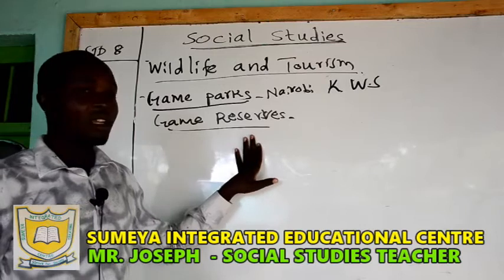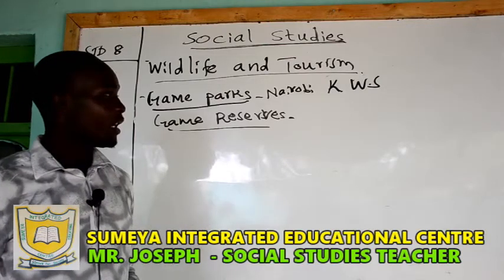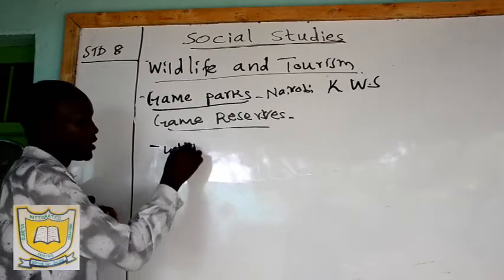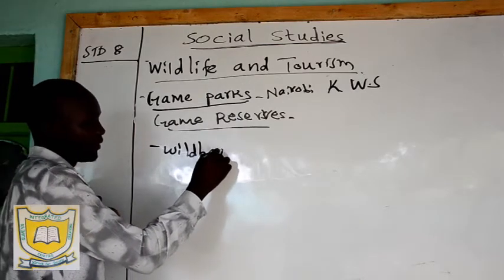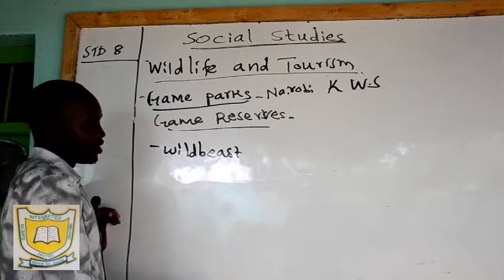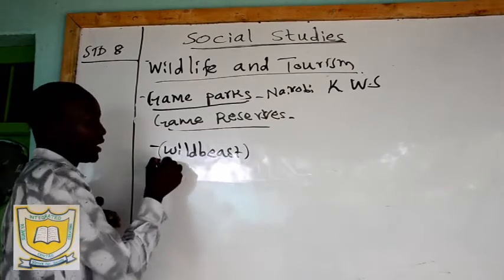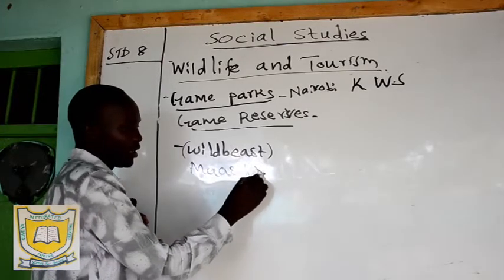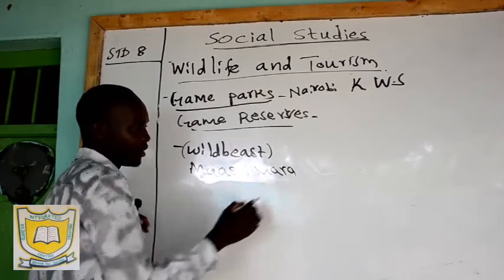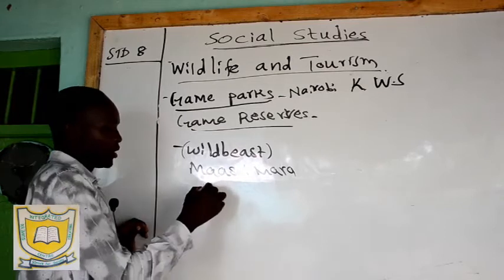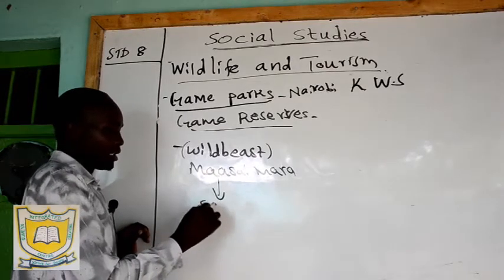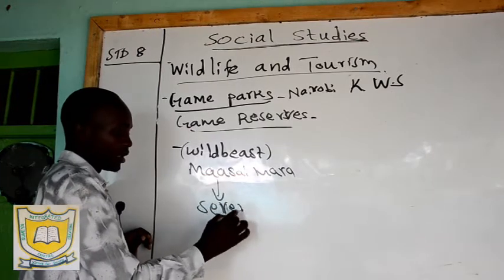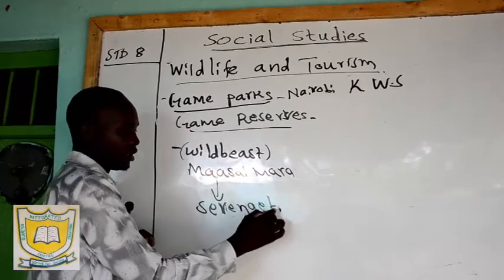That's Masai Mara. When you go to Masai Mara, you will find very many animals, like the migration of the wildebeest. The wildebeest is known for migrating from one place to another. They migrate from Masai Mara National Reserve, and then they cross River Mara, heading to where? To Serengeti National Park. Serengeti is found in Tanzania.